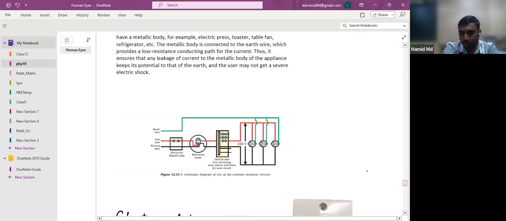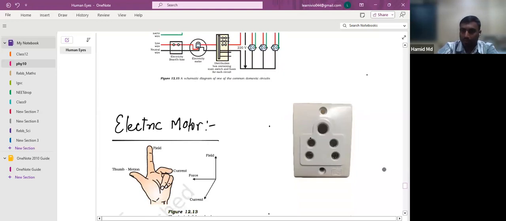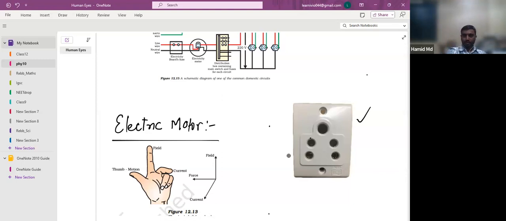My question is, have you seen this type of socket? Yes, sir. What is the purpose of it? We put a plug inside and it charges our phone. That's one of the best examples, right?